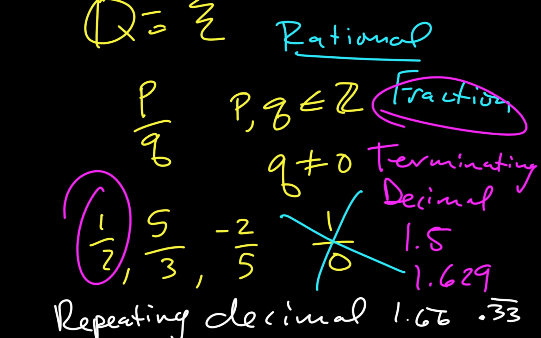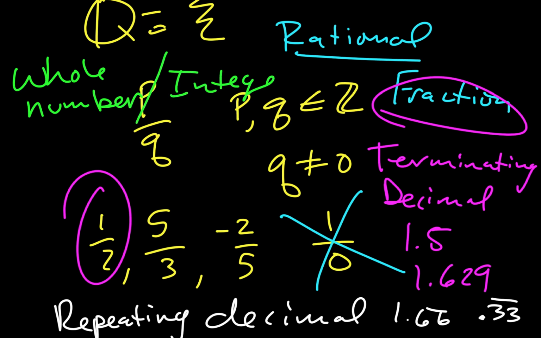And the last, probably the most obvious, but maybe feels like we don't need to say it, is just a whole number or an integer, I guess we could say. So 1, 5, -2. All of those are also rational numbers.